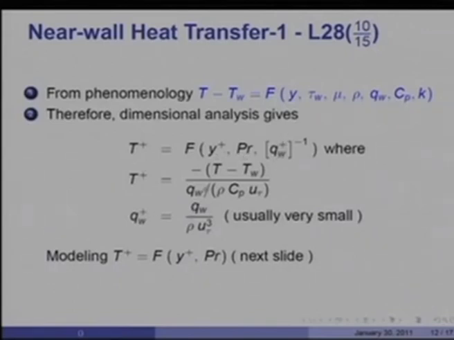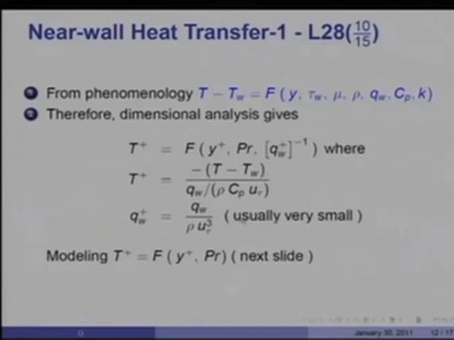Qw plus is really Q over rho u tau q, and that is really the effect of friction at the wall, which generates heat, but usually compared to the actual heat transfer, this term is very, very small, and therefore, it is not of great relevance.